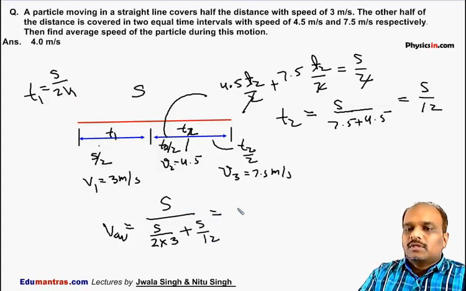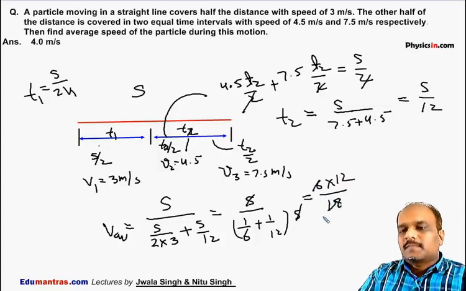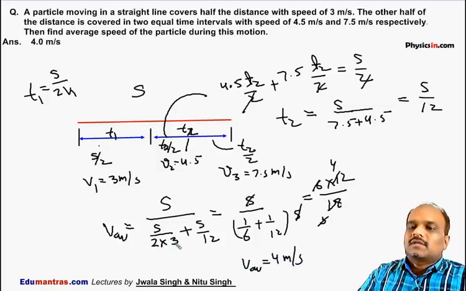The S will cancel out, and the final answer is 6 into 12 divided by 18, and the 6 will cancel out, giving 4. So the average speed V average is 4 meter per second. This is the answer.